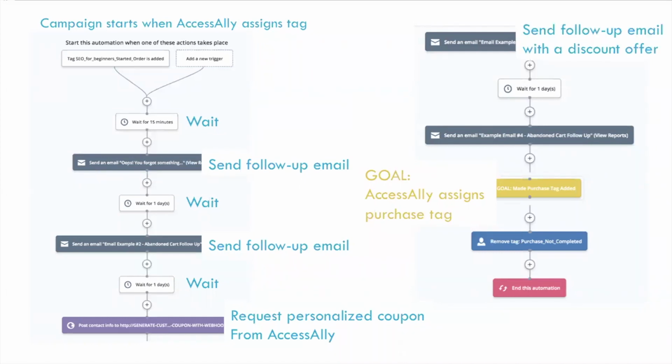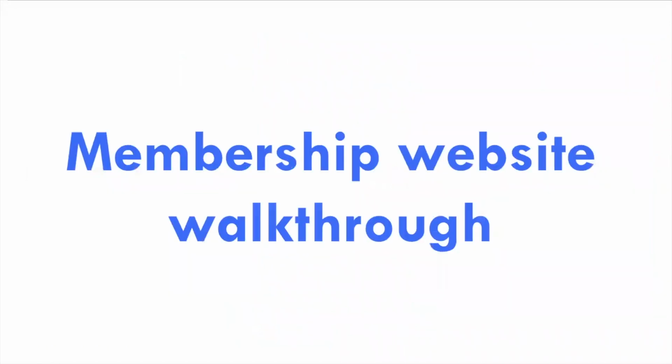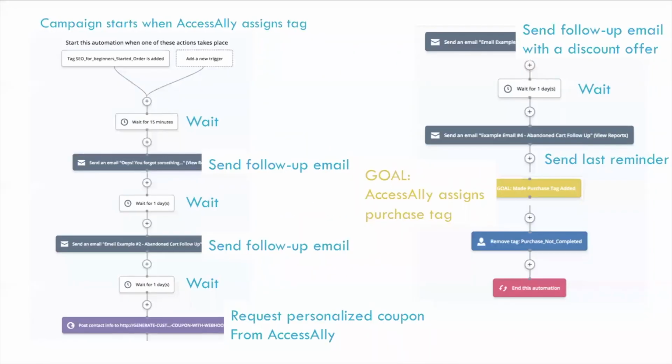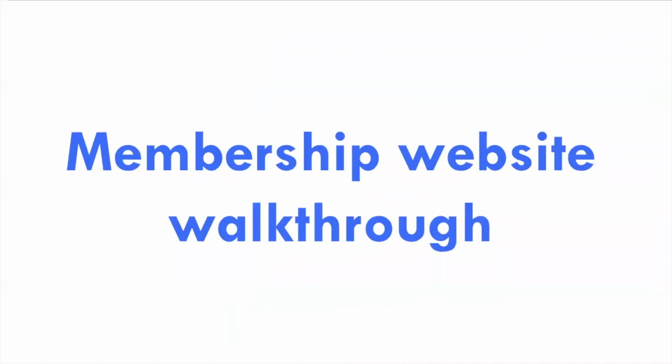And so this email tries to convince the person to purchase by offering them a discount of some sort. Then we wait 1 more day, sending this final email with the same coupon, telling the contact that it's going to expire soon. And then if nothing happens, the purchase is not complete, and you can do whatever you want with the contact. You can start sending them marketing emails, or decide that if they're so uninterested, maybe just stop communicating with them.